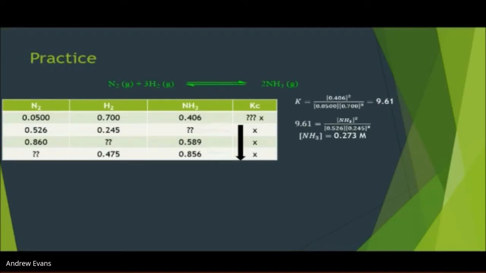That's where it is. A little typo there with the nitrogen. That should have read 0.05. That changes things by a factor of 10, and that changes everything.